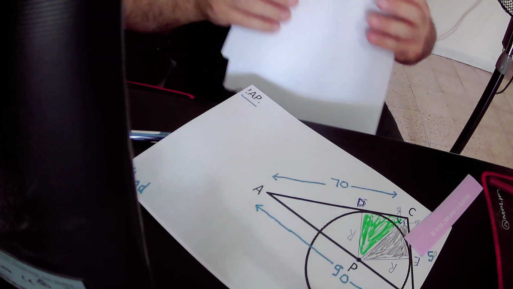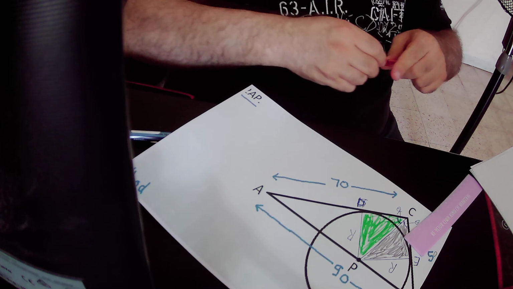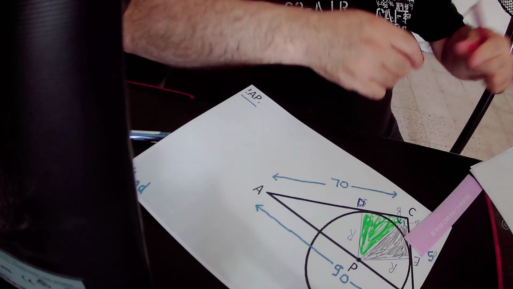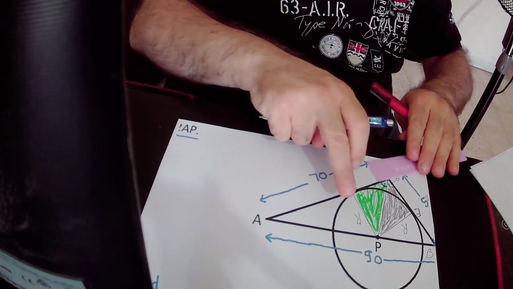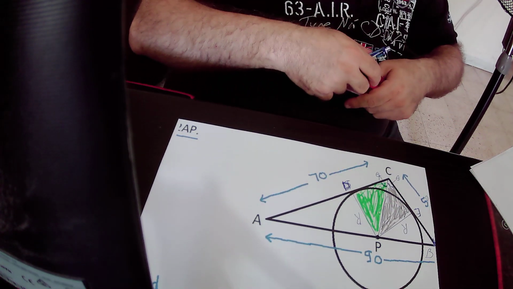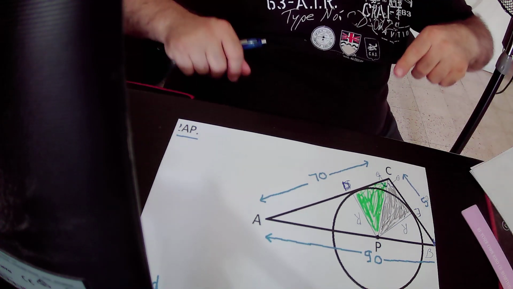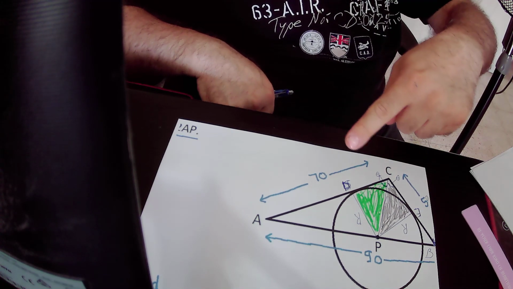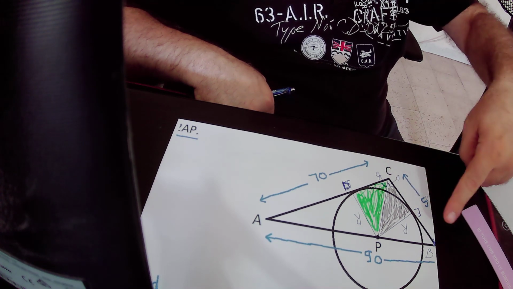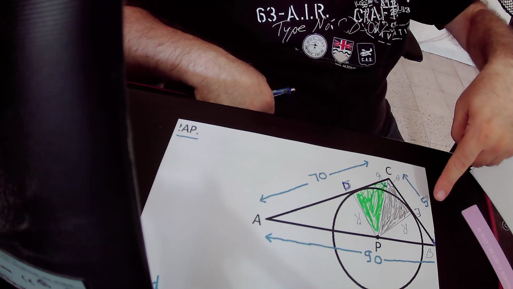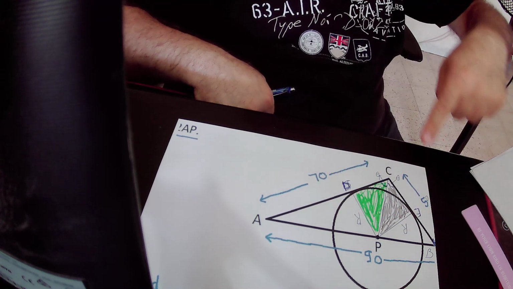Actually, we wanted to find the value of 2 times AP, and we have a triangle ABC with side AC equals 70, side BC equals 50 units, and side AB of the triangle ABC equals 90 units.